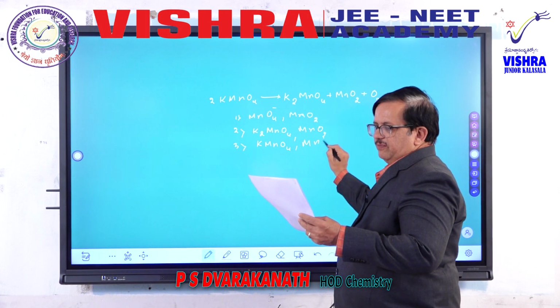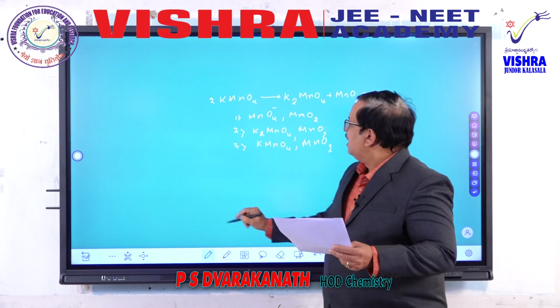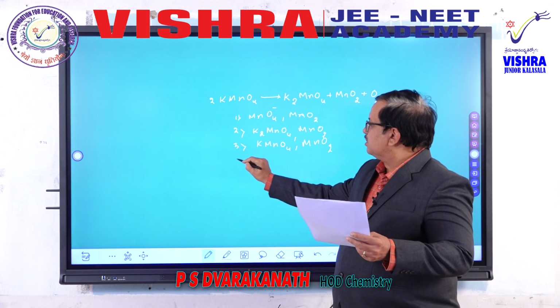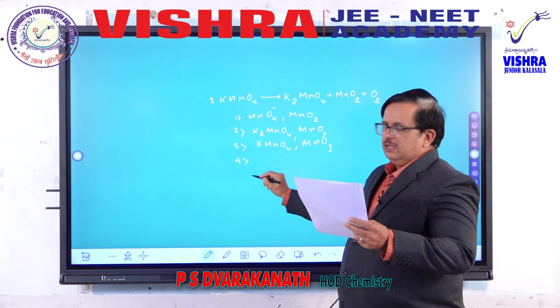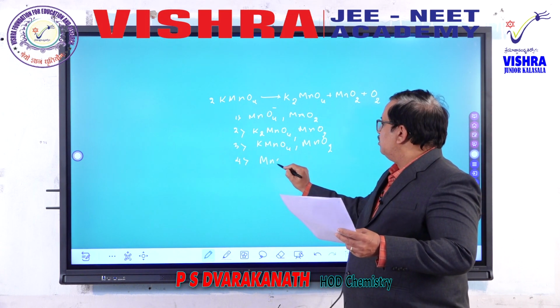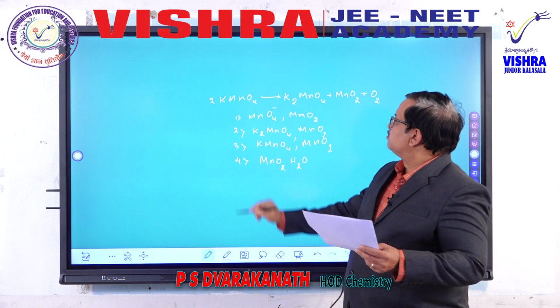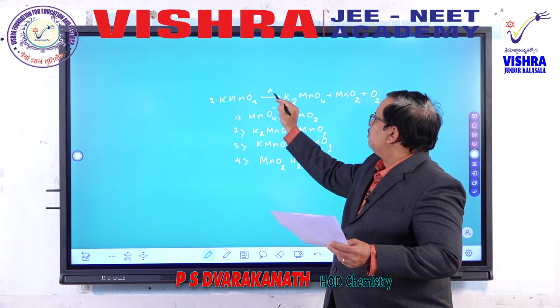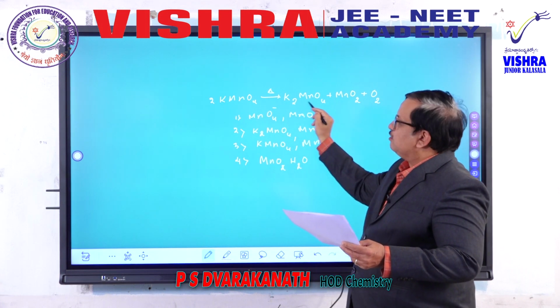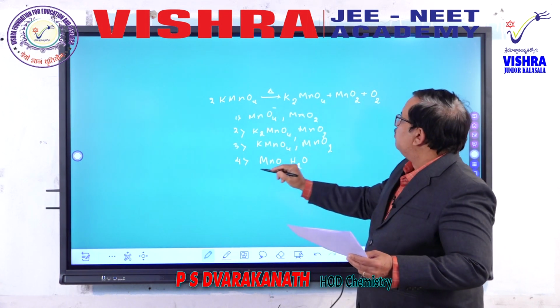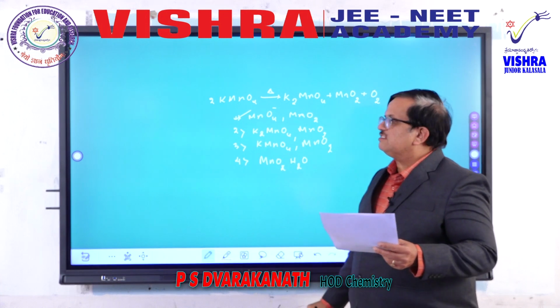And fourth option, you have MnO2 and H2O. Correct option is, since KMnO4 on heating gives K2MnO4 and MnO2, therefore first option is the correct option.